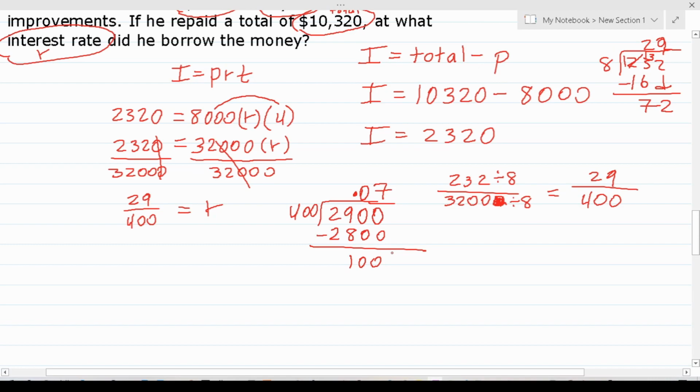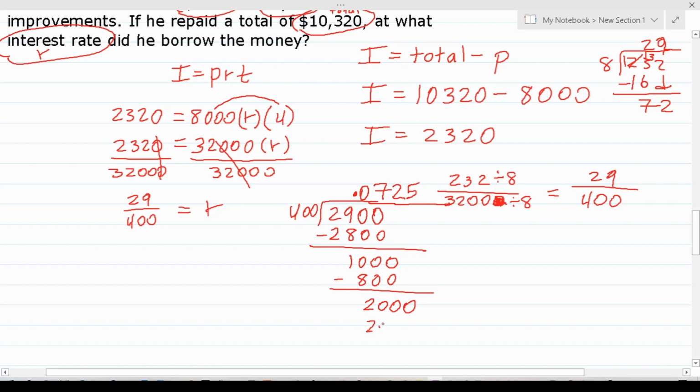And now we have a free 0 to add in if we need to. 400 doesn't go into 100, so I have to add that free 0 in. 400 goes into 1,000 2 times without going over. 400 times 2 is 800. 1,000 minus 800 is 200. And if I need to, I can add in another free 0. 400 doesn't go into 200, so I have to add in a free 0. 400 goes into 2,000 5 times.